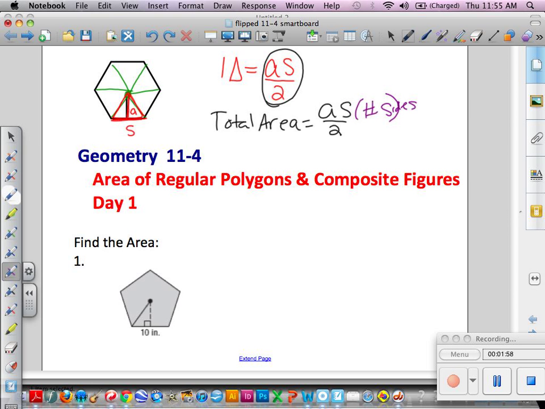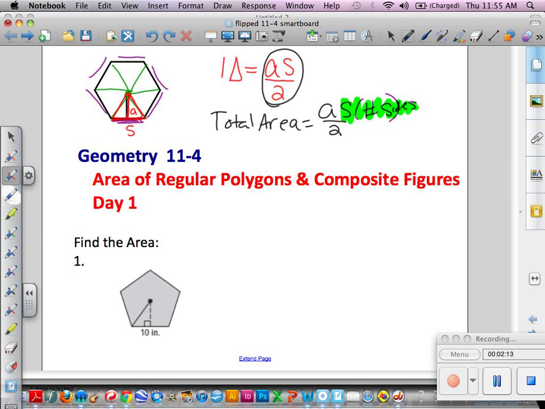Now, if I take this and I multiply it by the number of sides, isn't that really my perimeter? So this right here, the side length times the number of sides is the perimeter.